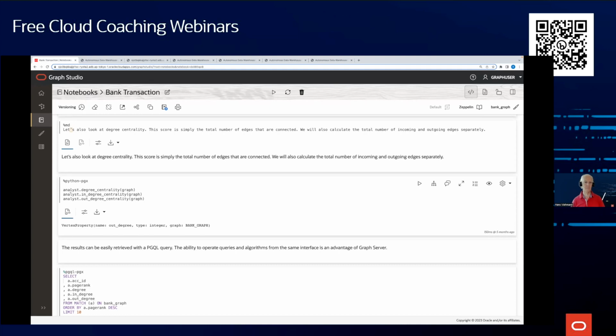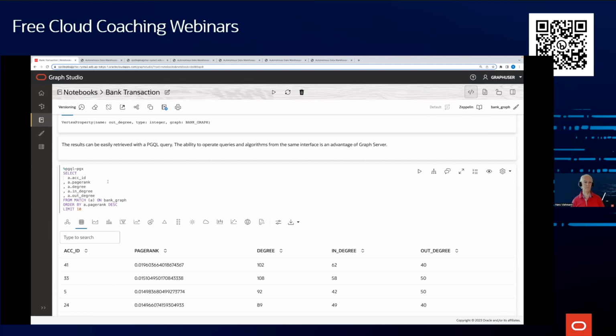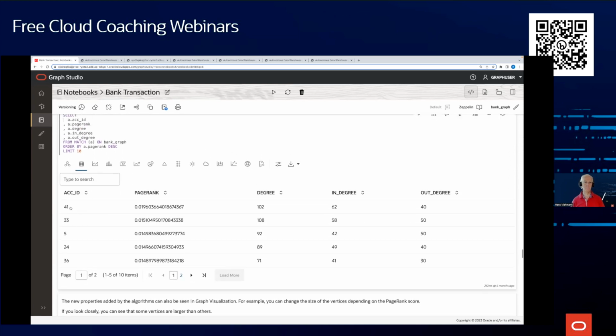And then maybe we can run some other centrality algorithms so that we can get the result using the PGQL query again, because all these results are stored in the vertex properties, so you can find that account ID 41 has the largest PageRank with 62 incoming edges and 40 outgoing edges.